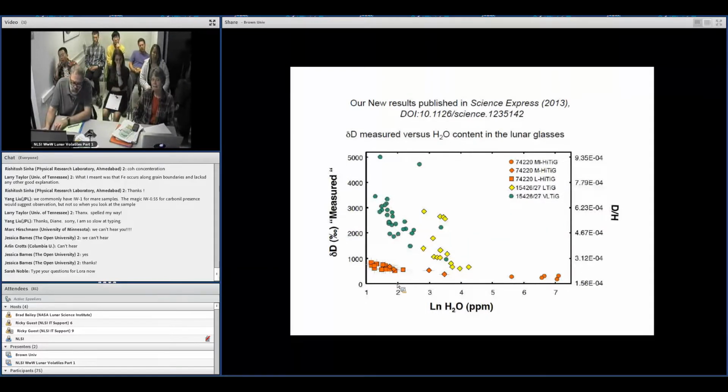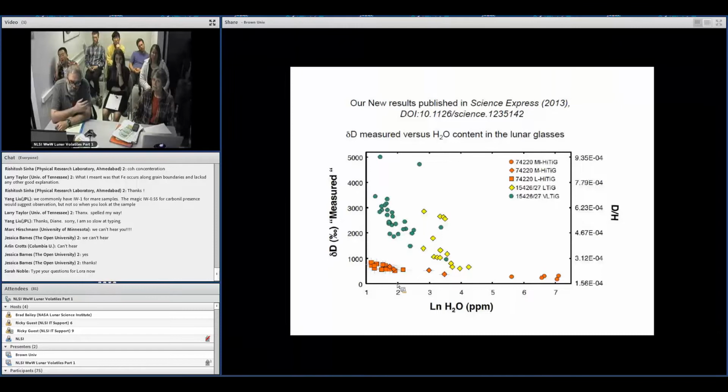So our best approach was to try to use the most primitive samples that we can get from the moon, which are the lunar volcanic glasses. And this is the result that we published this year. Essentially, this is what we measured, and I want you to pay attention. The green colors that you see are the green glasses from Apollo 15.